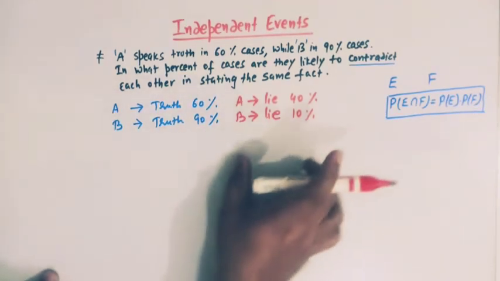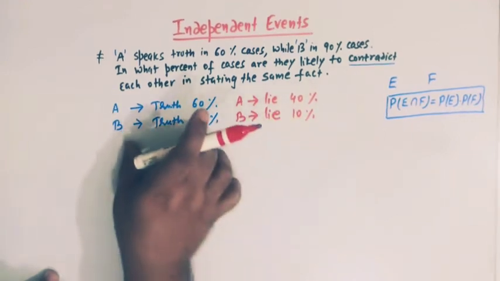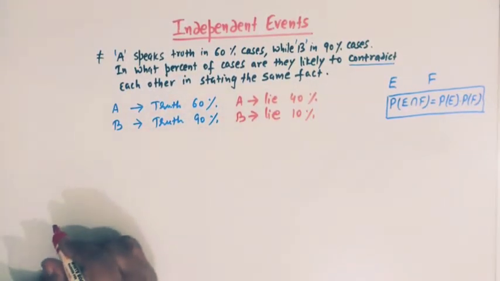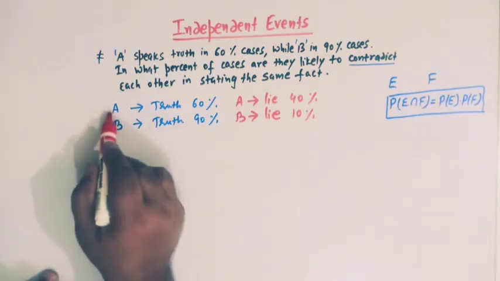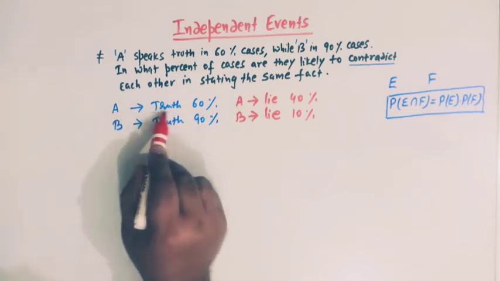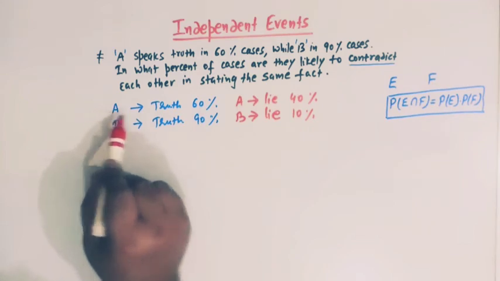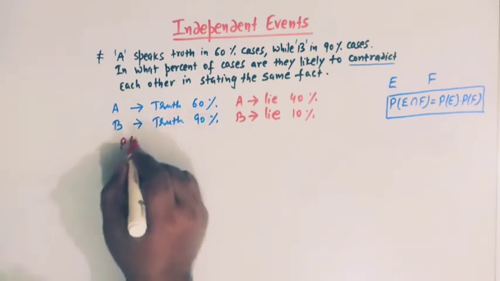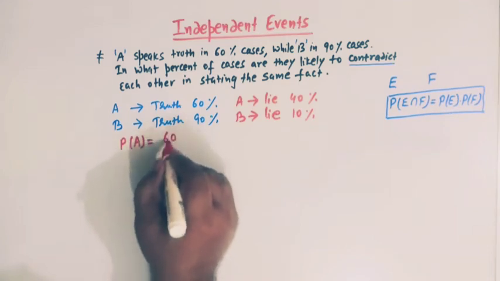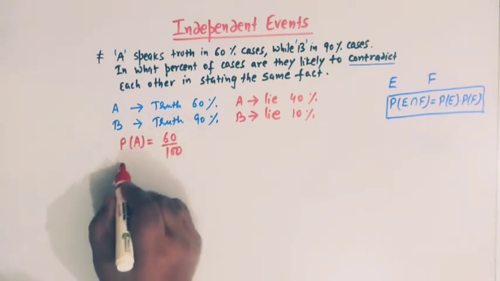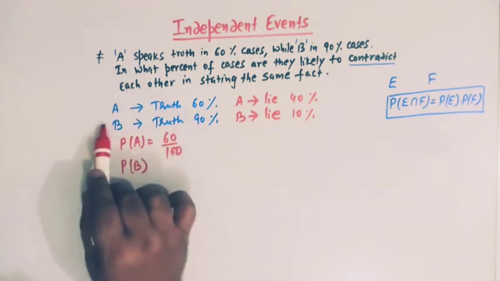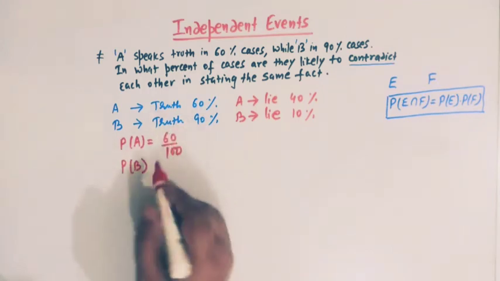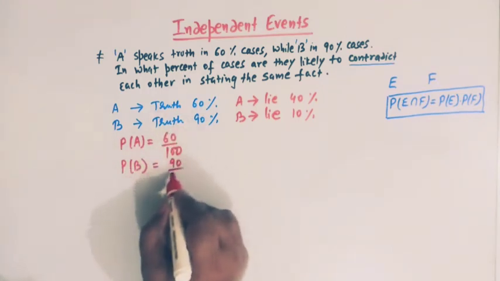So let us write these two pieces of information in probability notation. If we denote by event A that person A speaks truth in 60% cases, then we can write P(A) equals 60 over 100. Similarly, event B says that person B speaks truth, so P(B) is 90 over 100.